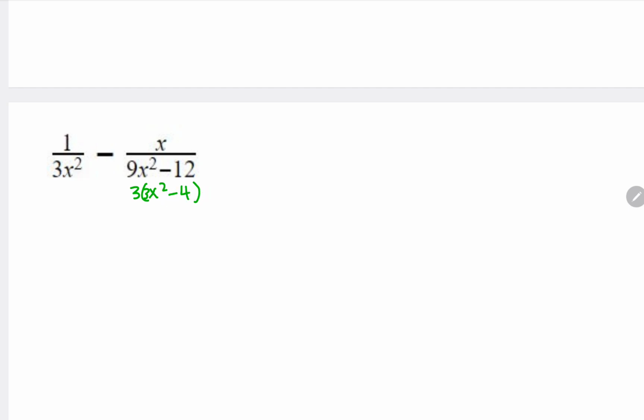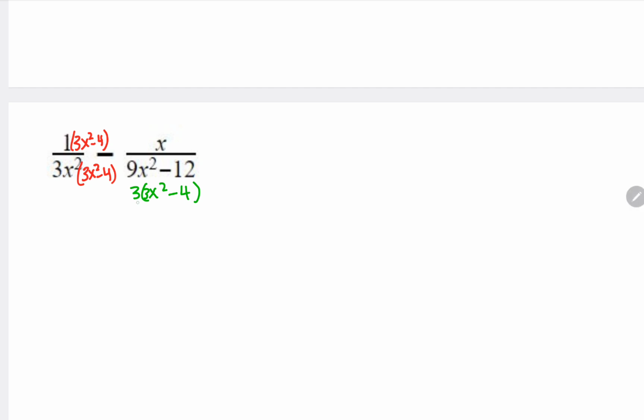So this first fraction does not have a 3x squared minus 4. So we need to multiply by that factor. It's grouped with a subtraction sign, so we cannot separate that 3x squared from that 4. It's all one factor, 3x squared minus 4.